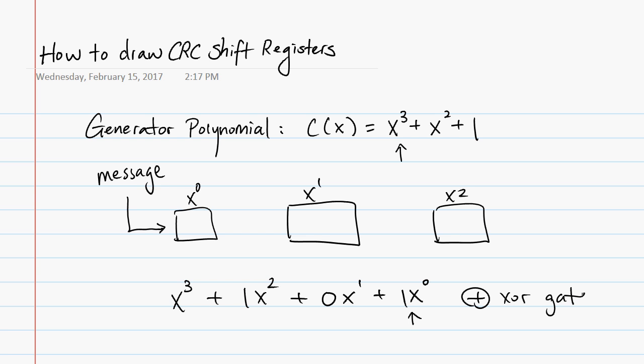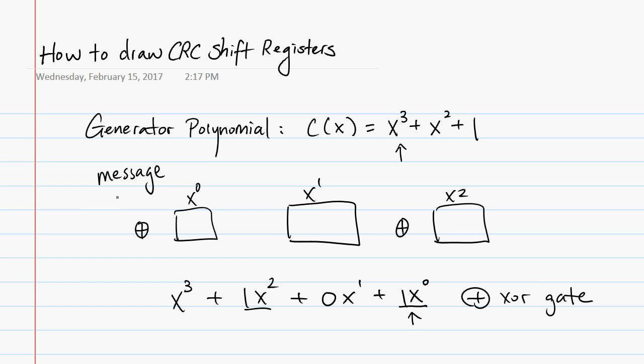Let me rewrite this a little bit. We see a 1 in front of x to the 0 and a 1 in front of x squared, and we have to put an XOR gate in front of x to the 0 and an XOR gate in front of x squared.